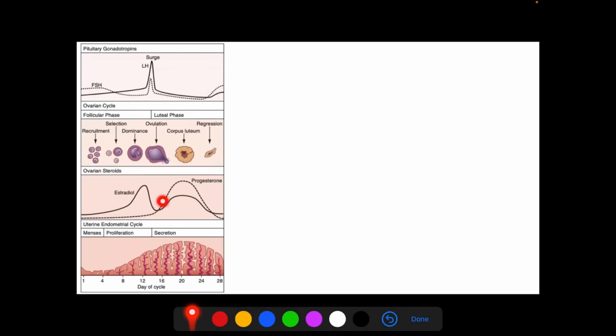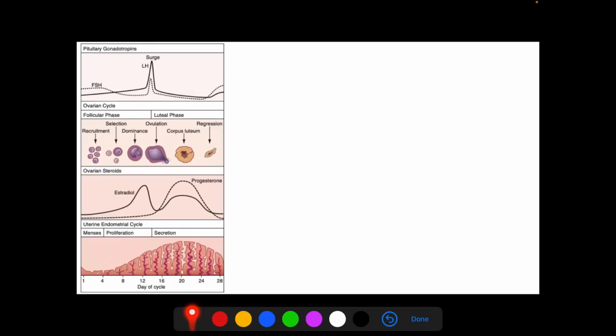So it decreases dramatically. And also, the disrupted follicle will now begin to differentiate into corpus luteum. So that now begins the luteal phase of the ovarian cycle. So I hope you can trace back what I'm saying.